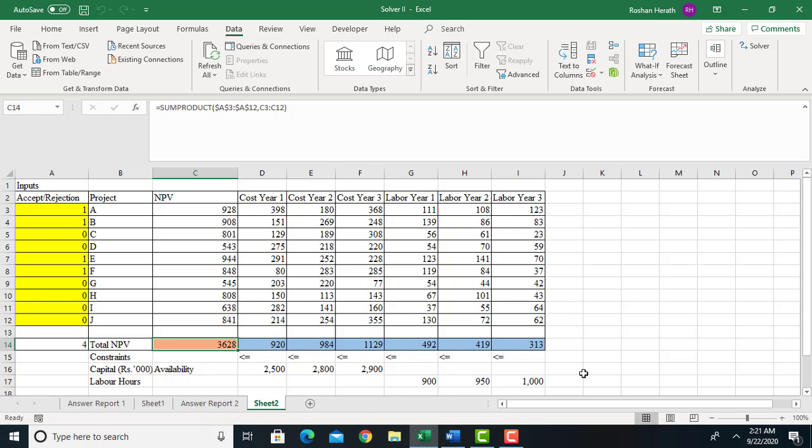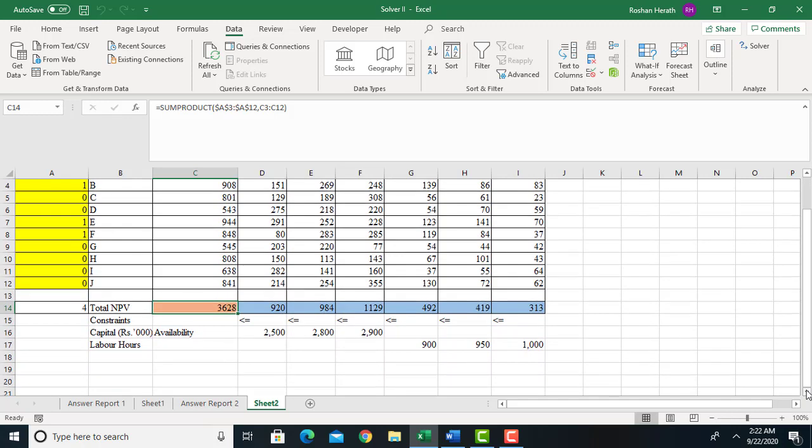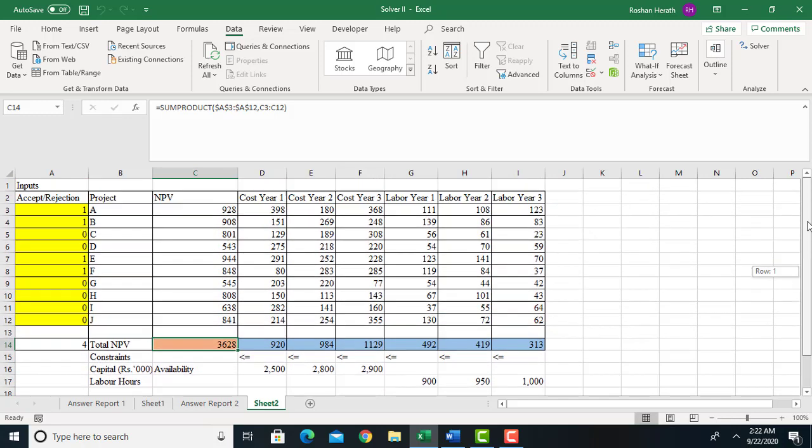Therefore you are confined to 4 projects. That's how we work out the capital budgeting using your knowledge of Solver.